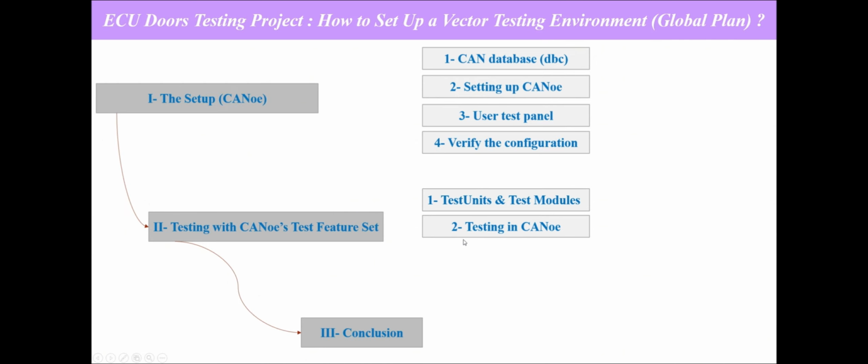We have testing in Canoe, so we will test the test case in Canoe. So Canoe has a built-in testing feature where test cases can be implemented in CAPL language. With CAPL, the test cases will be executed in the order in which they are written in the CAPL browser.